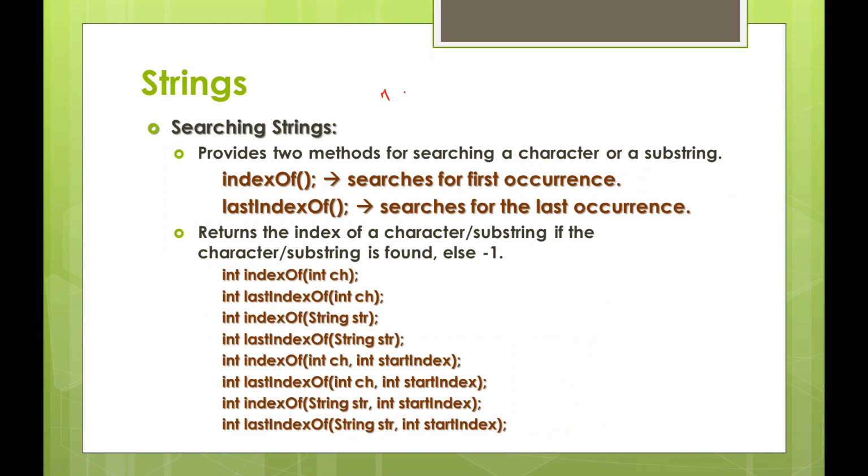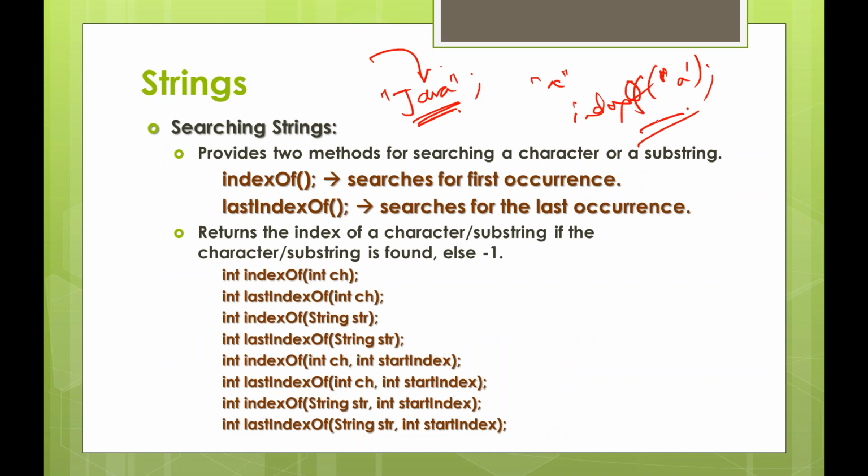So let us see. You have one particular string, Java. You want to search whether a particular character A exists in this string. That you can do using the indexOf method by passing a character.